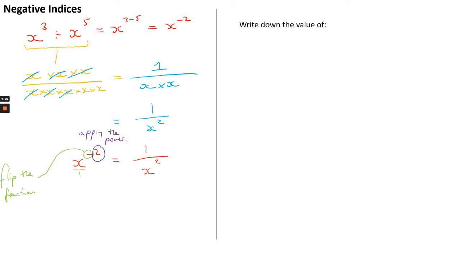So let's look at a few examples. Let's write down the value of these 4 examples. The question will always say write down the value of, because you should be able to write them down quite easily. We'll start with the first one, 3 to the power of negative 3. That's going to be the same as 3 over 1, so I'm going to write it as 1 over 3, and then it's going to be cubed.